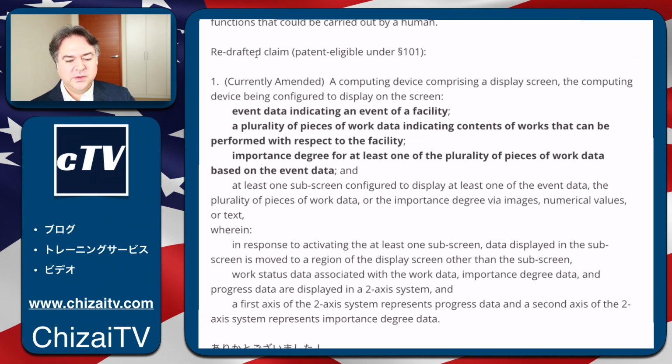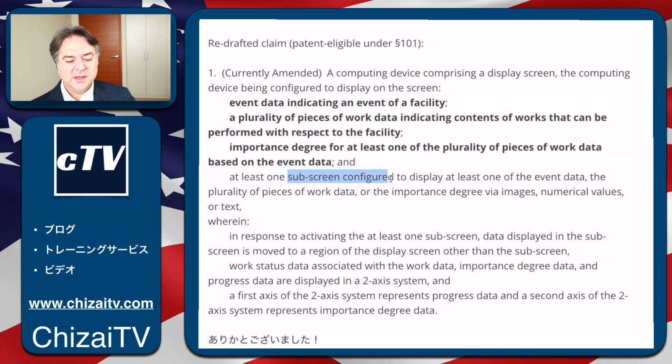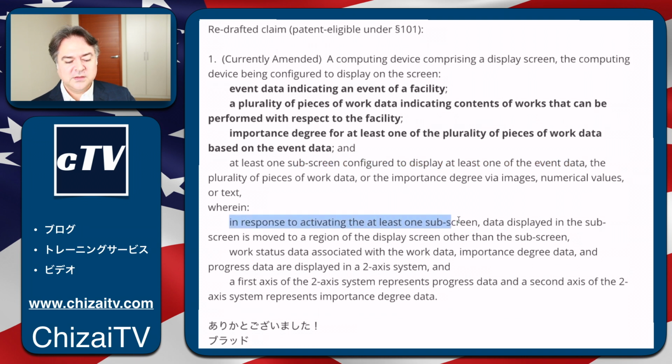So what I did was I redrafted the claim here, and I recommend you study this. You can view this blog post on my website at chizitv.com. I redrafted it here. This bold text is basically the data information from the claim, and then I added this subscreen configured to display the data, and then in response to activating the subscreen, the data displayed in the subscreen is moved to a region other than the subscreen, and then this work status data associated with the work data, importance degree data, and progress data are displayed in a two-axis system.